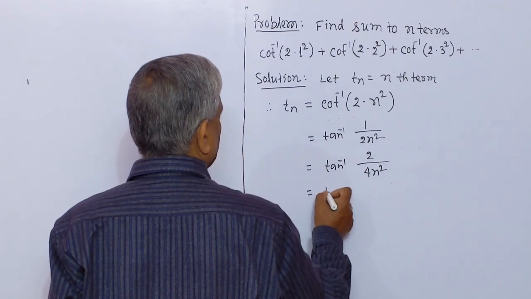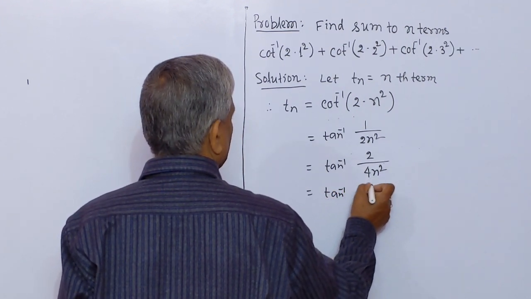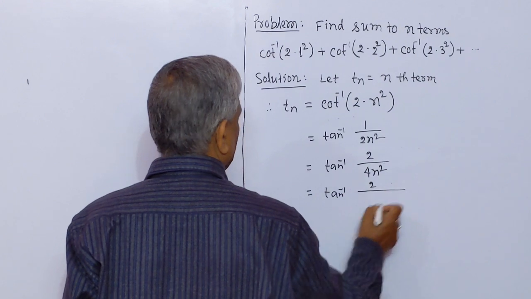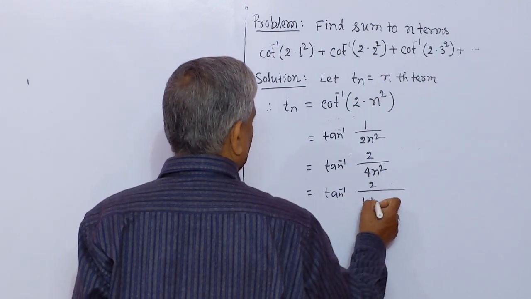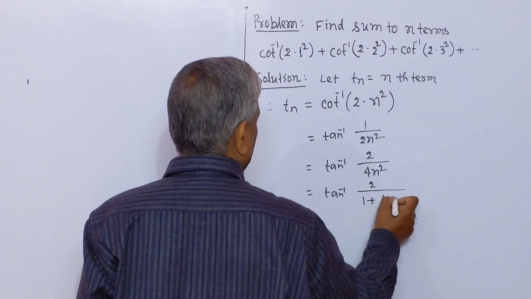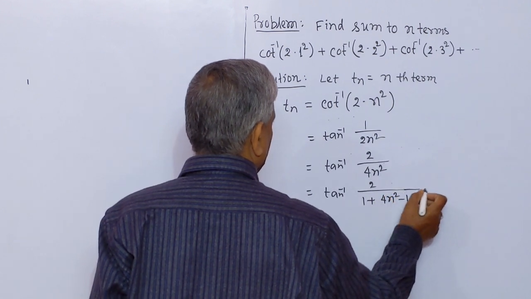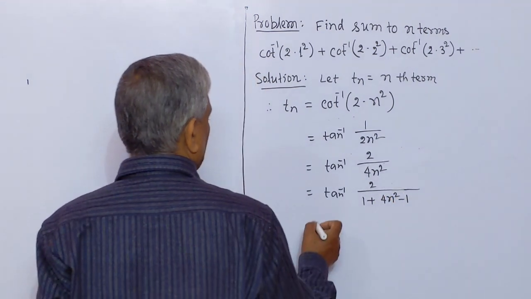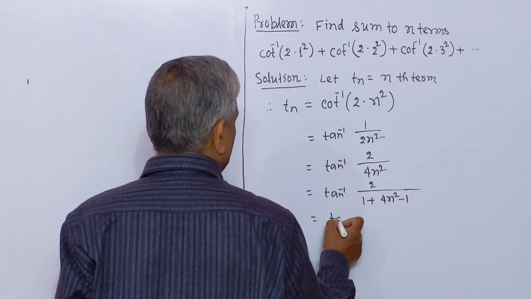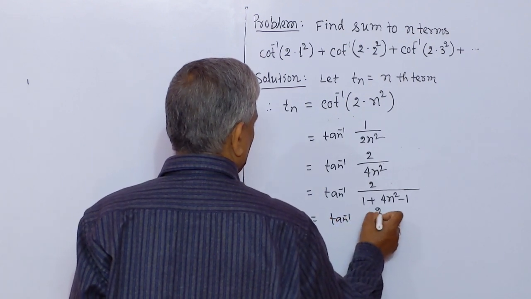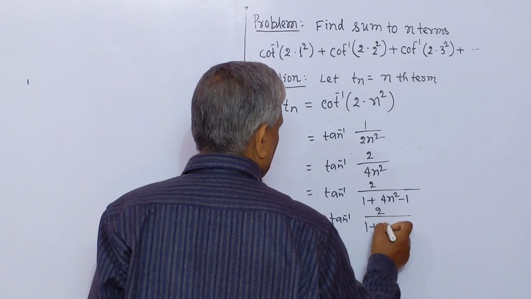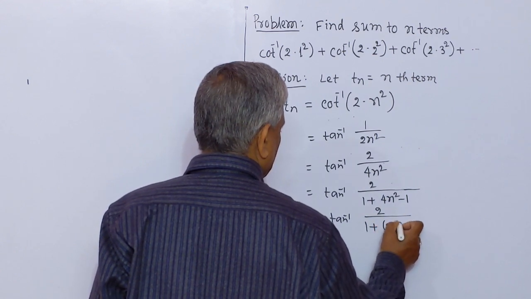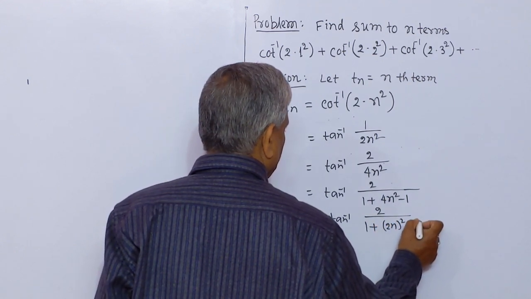We write this tan inverse 2 by here 1 plus 4n square minus 1. We may write this tan inverse 2 by 1 plus here 2n square minus 1 square.